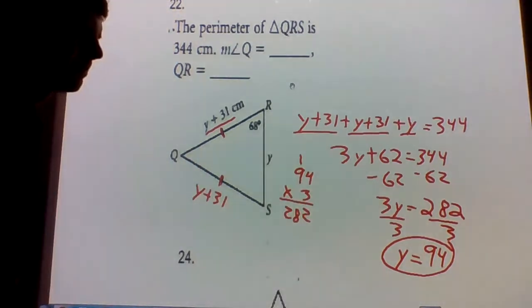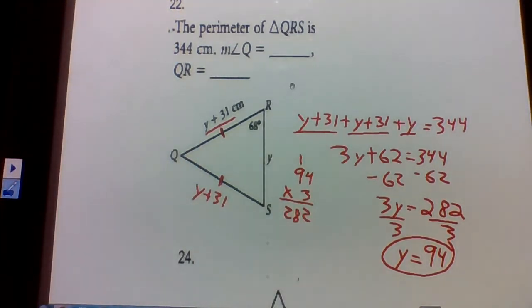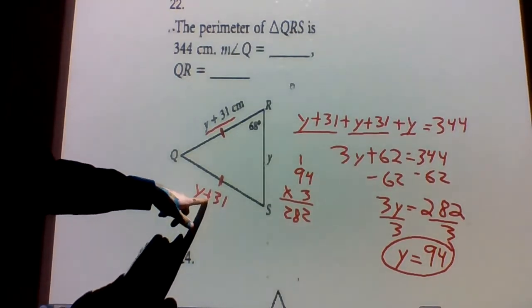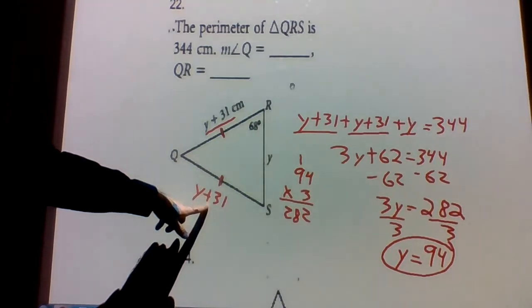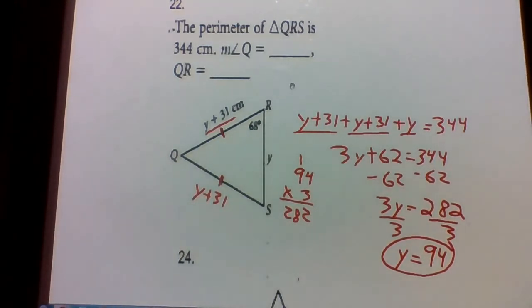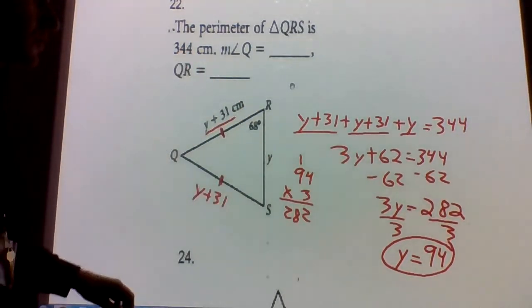Yeah. So add 31. 125. 125. It's going to be 250 plus 94 is 344, so we're good.